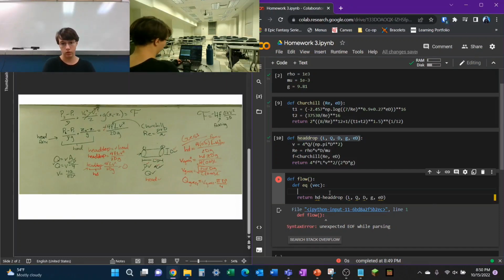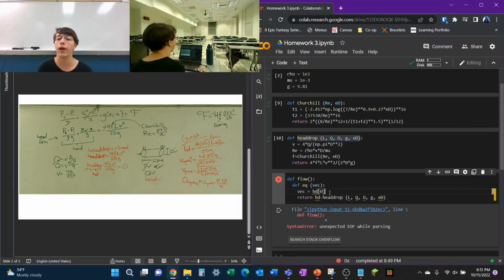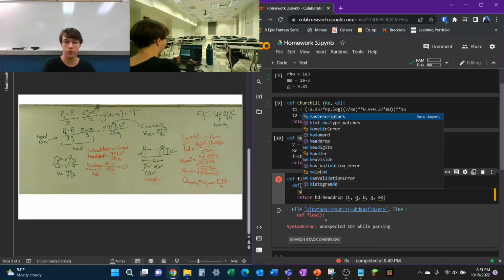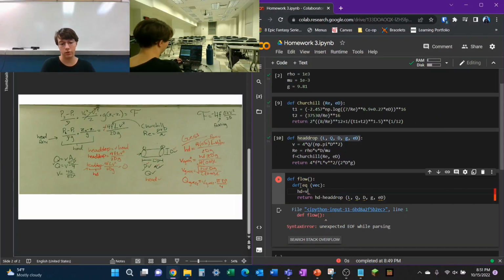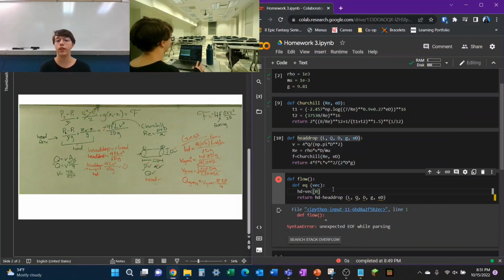So we're going to have, I have that backwards, hold on. Head drop is equal to the first term of the vector. And that's going to be our only term in the vector that we input, but we could input other things. We're just not going to, because we only have one equation, one unknown.